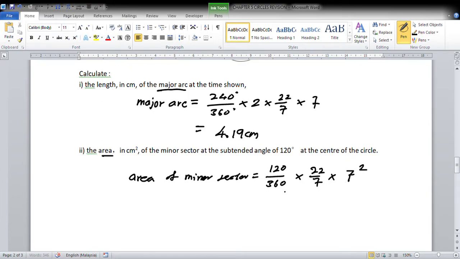So we get the answer 51.33 centimeter square. Please make sure you know why we use 2 pi r for arcs and pi r square for area, because pi r square is area and 2 pi r is circumference.